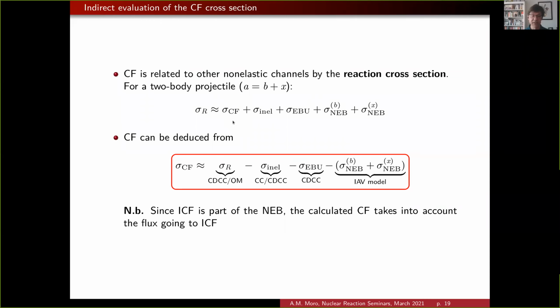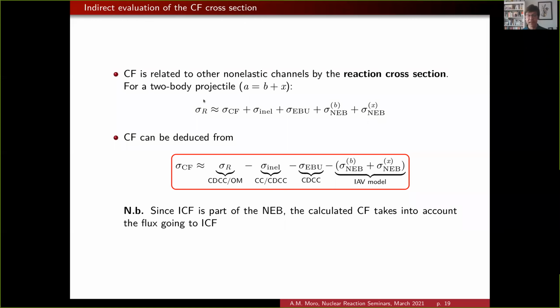We can decompose it into the complete fusion contribution, possibly some inelastic contribution coming from projectile or target excitation, not involving breakup, then the elastic breakup contribution, and then finally non-elastic breakup contributions. And here, since we are considering the total reaction cross-section, we have two possible contributions, one in which the B particle survives and the X particle is absorbed, and then the other way around, the X particle survives and the B particle is absorbed.